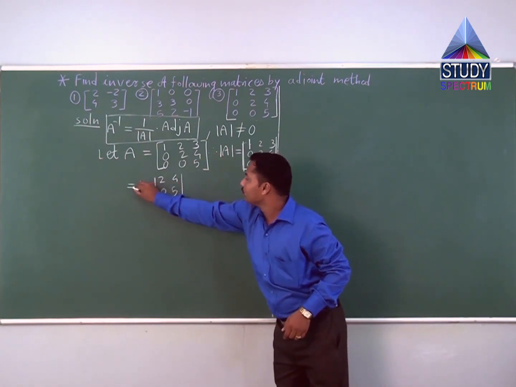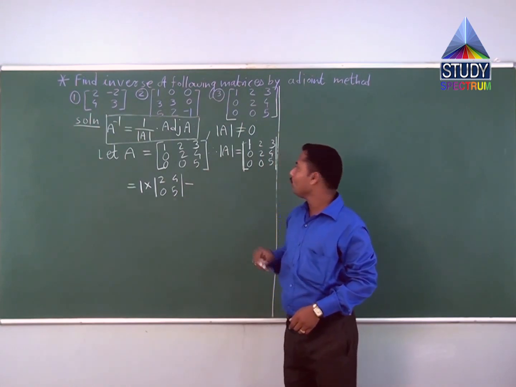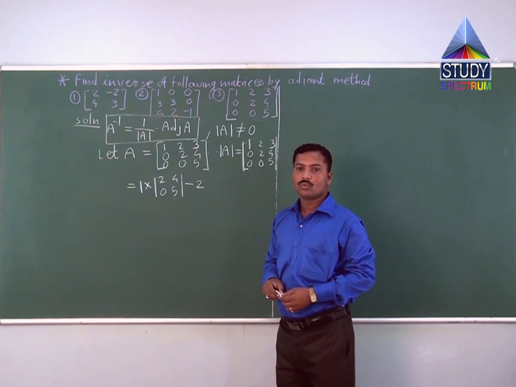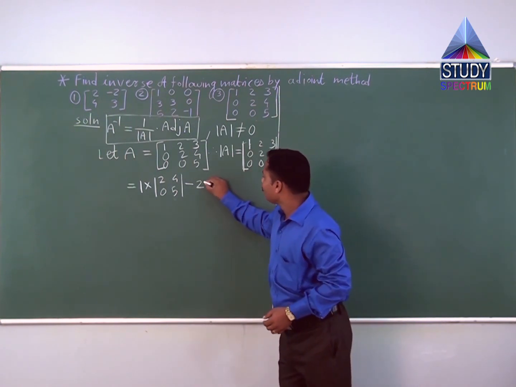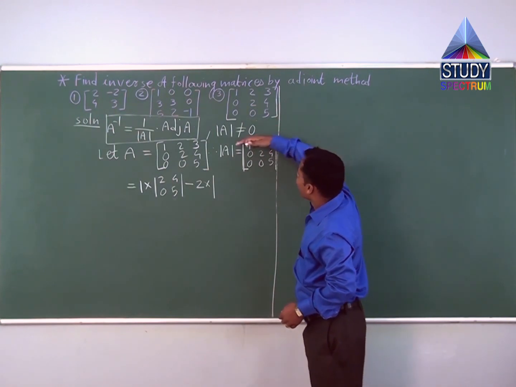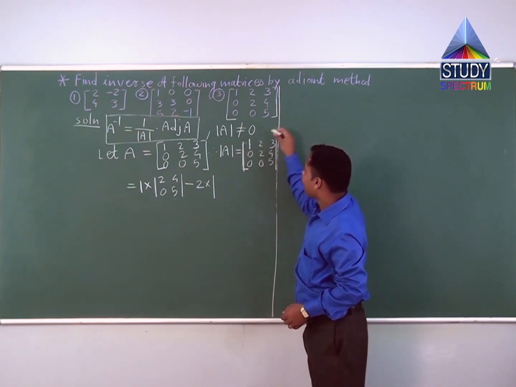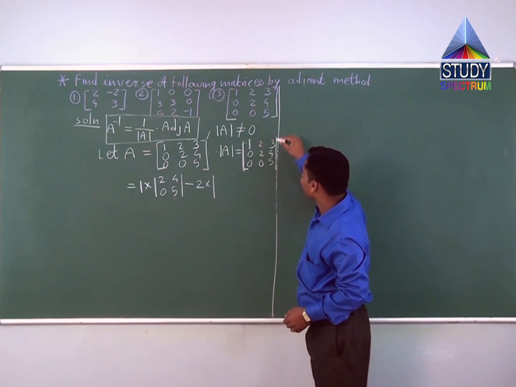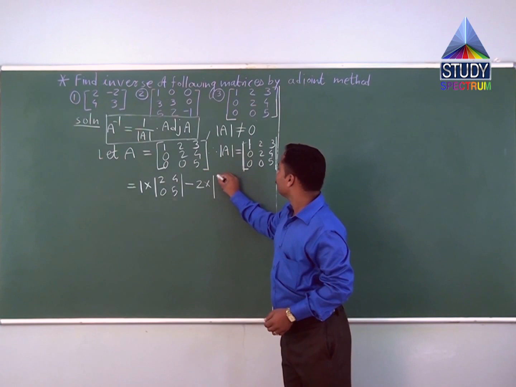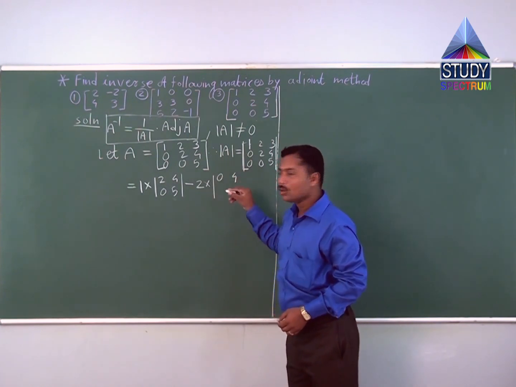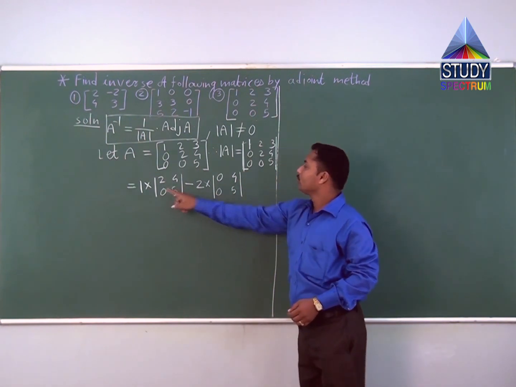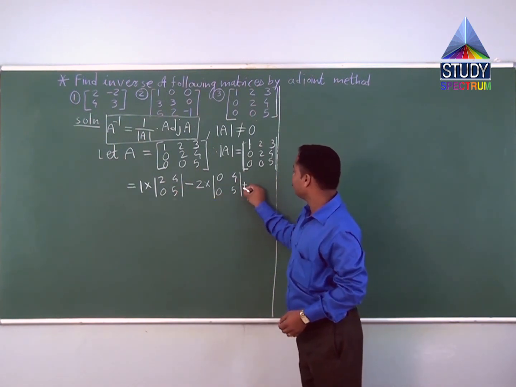Minus, here is positive, negative, second number of the first row, 2 into the minor of 2. So delete the row and column passing through this number 2. So the remaining numbers are 0, 4, 0, 5.